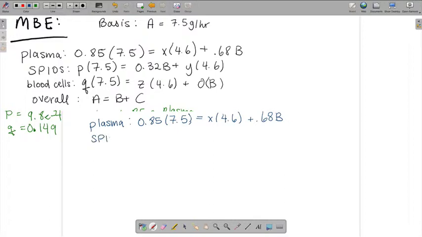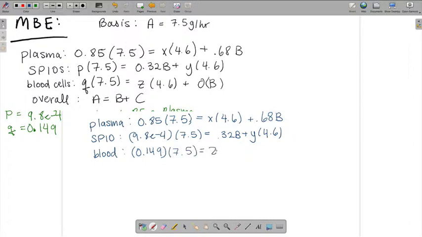Then we can say that for the SPIOs, 9.8 e negative 4 times 7.5 is equal to 0.32b plus y of 4.6. And then for our blood cells, we can say that 0.149 of 7.5 is equal to z times 4.6.